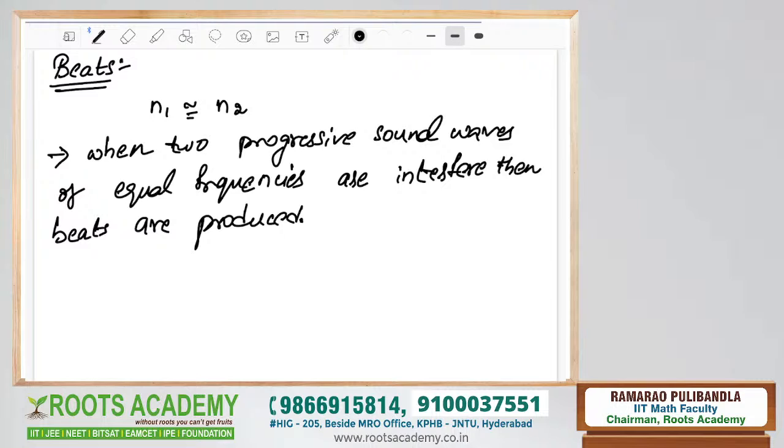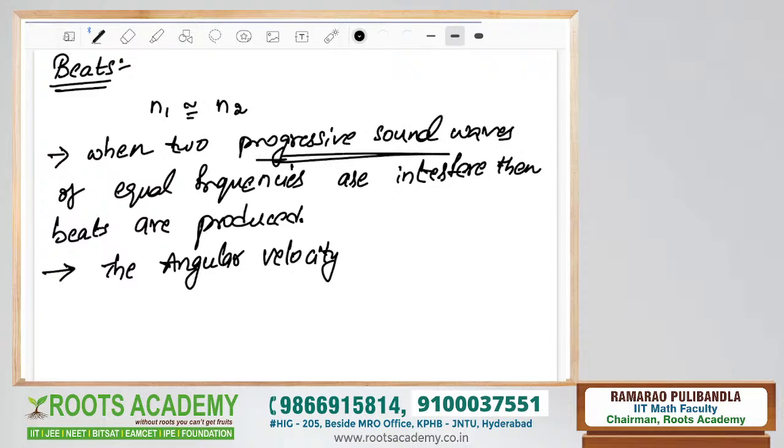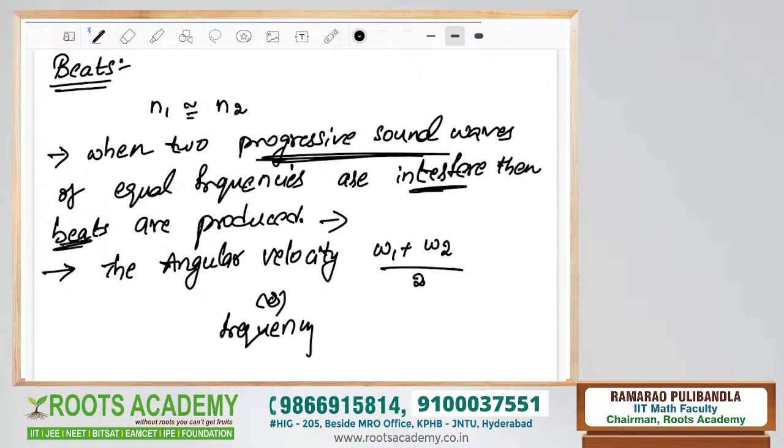With this we have a few cases, like the angular velocity. What would be the angular velocity of the combined wave when these two progressive sound waves interfere and beats are produced? For the resulting wave, the angular velocity would be omega 1 plus omega 2 divided by 2, or the frequency would be n1 plus n2 divided by 2.